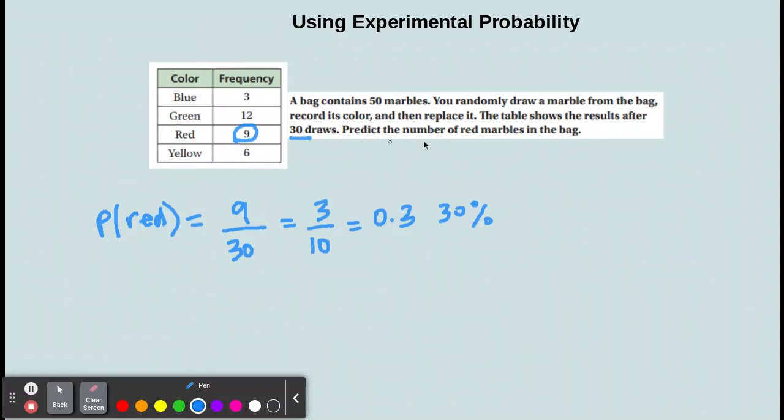So if we want to predict the number of red marbles in the bag, we would just take the number of marbles in the bag, which is 50. We know there are a total of 50. And then we want to multiply it by our experimental probability of getting a red, which is 30%, which means that we predict there are approximately 15 red marbles in the bag.